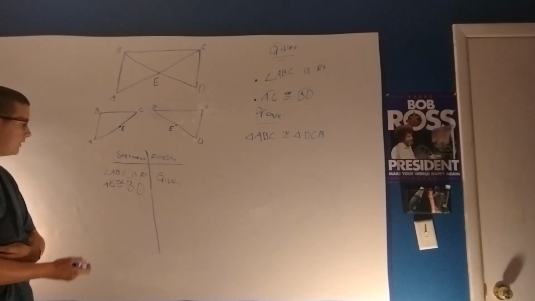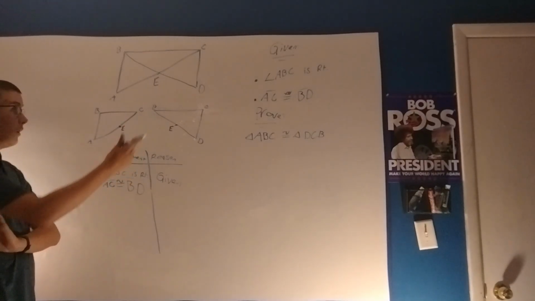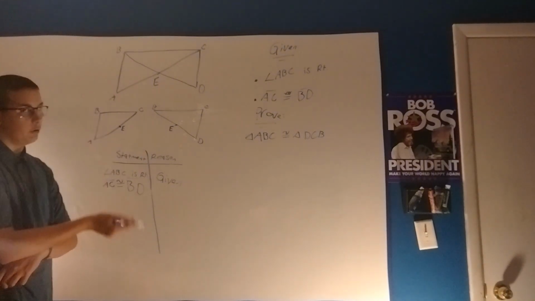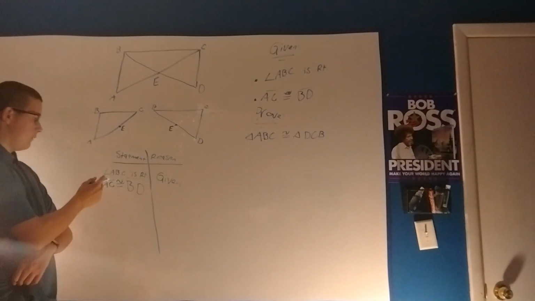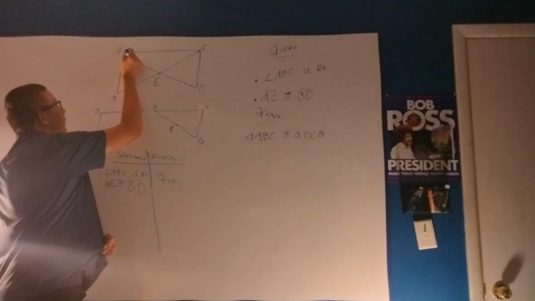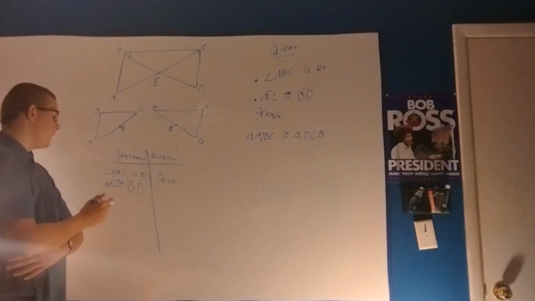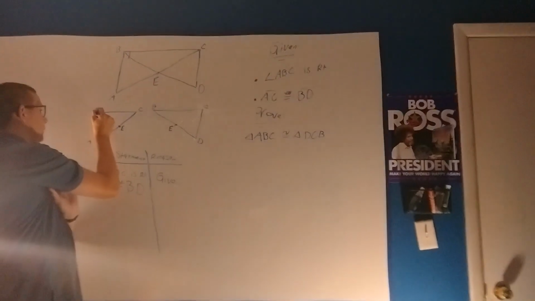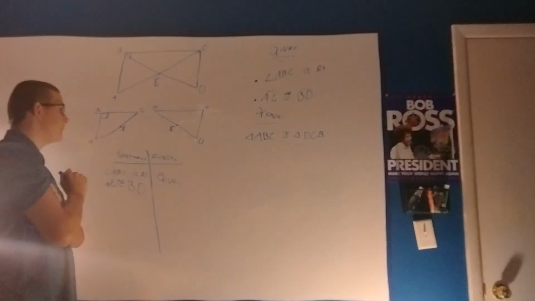And I also like to mark it on our diagram. So I'll put it on both diagrams in case you like to pull it apart or keep it together. So ABC is right. So ABC, right there is a right degree. And then we would also put it right here. ABC is right.